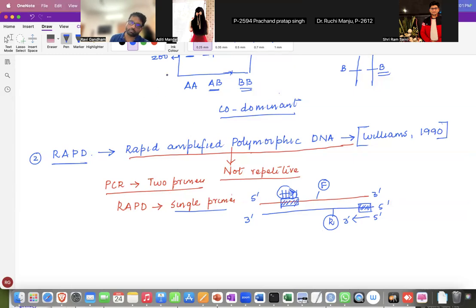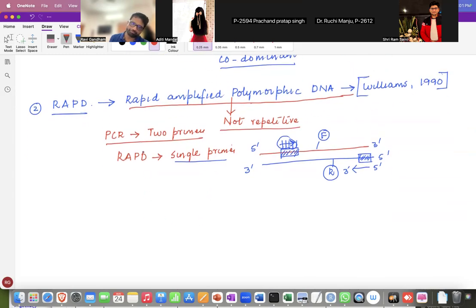We're talking about polymorphism. How does this exist? Now, let us see. You have this strand here, this is 5 prime, and this is 3 prime, and this is 3 prime, and this is 5 prime.